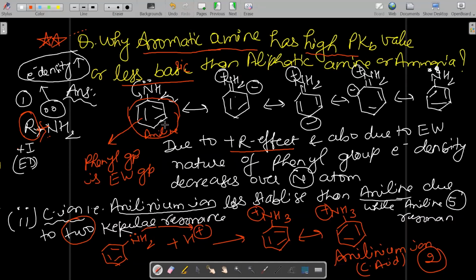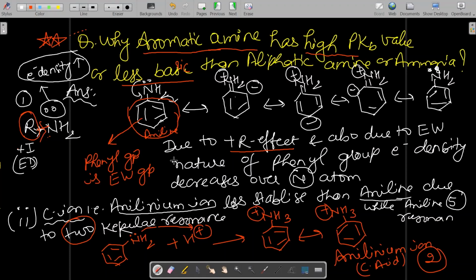And also this phenyl group is electron withdrawing in nature. So due to the electron withdrawing nature of the phenyl group, it is withdrawing its lone pair towards itself. So what you're observing, one is resonance. Due to resonance, its electron is going to the ring carbon atom, and phenyl is a very strong electron withdrawing group. So it also withdraws its lone pair towards the ring.